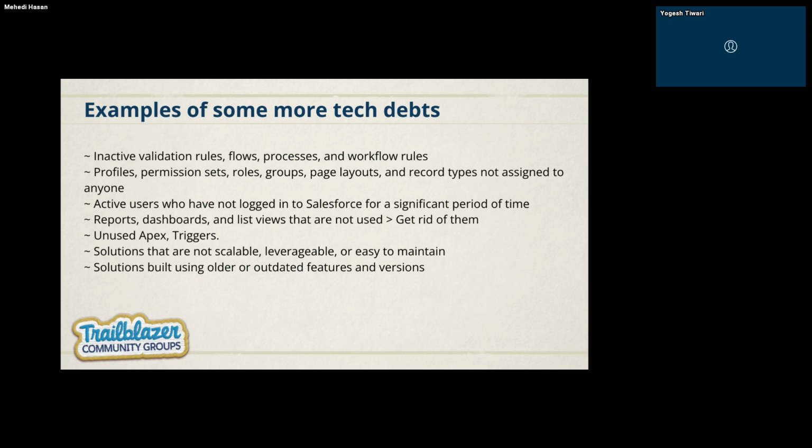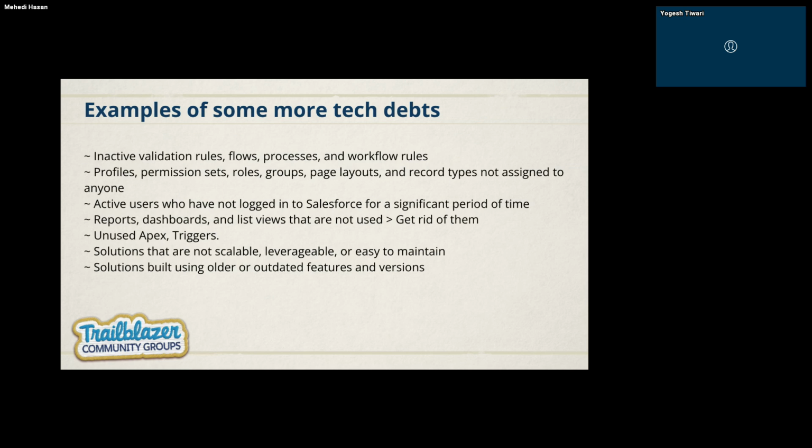Also, profiles, permission sets, roles, groups, page layouts, record types, and active users who haven't logged in to Salesforce. Maybe he is no longer working with your company, but his user account is still active, right? That will eat up a license in Salesforce. We don't want that. We want to free up the license if it is not needed for a particular user.